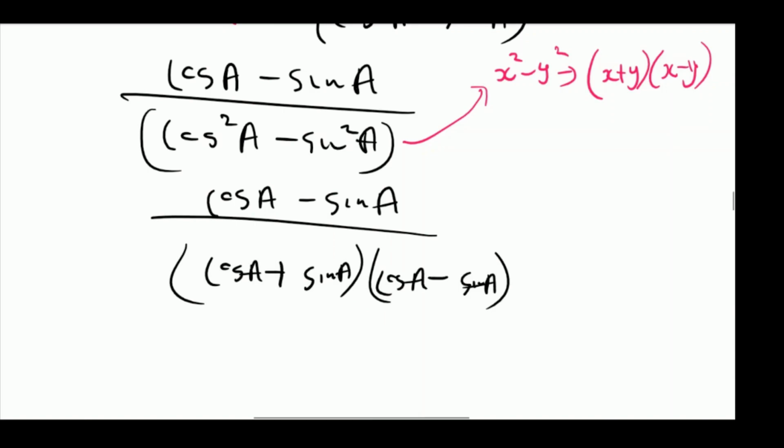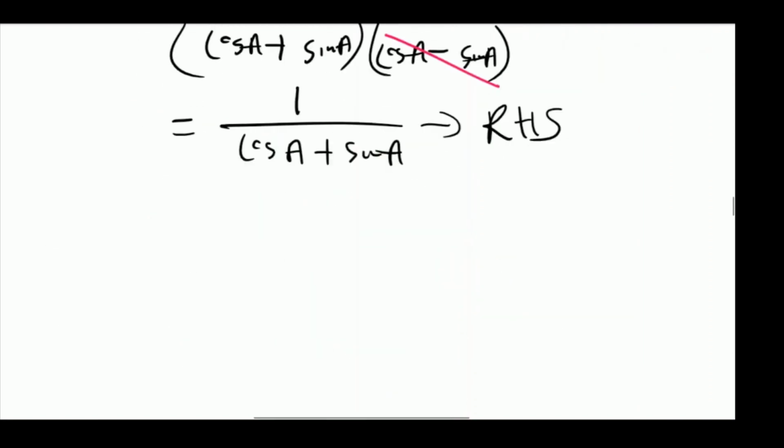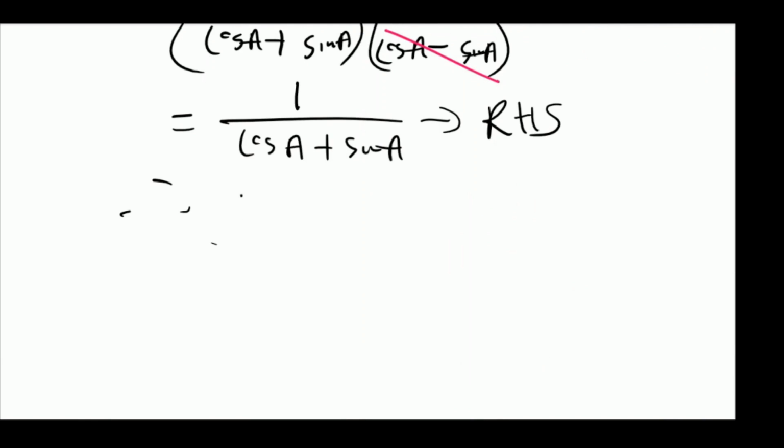So the minus will divide out with this minus, and then you'll remain with 1 over cos of a plus sine of a. So this equals the right hand side, if you remember clearly. So therefore this confirms that the left hand side is equal to the right hand side.